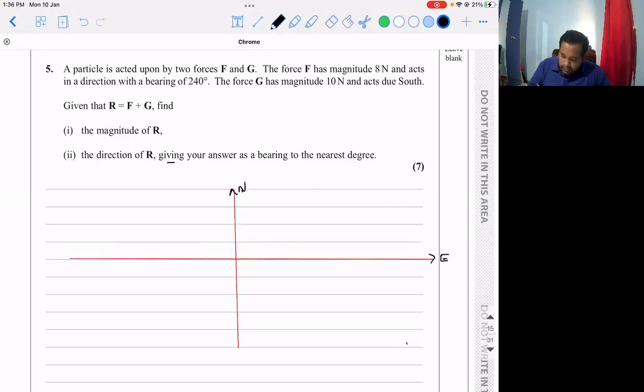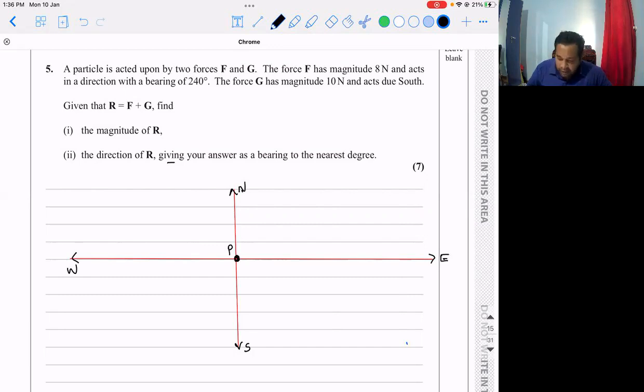This is east. This is south. And this is west. And we know that bearing is always measured from the north. This is our particle, particle P, that is being acted on by two forces, F and G.